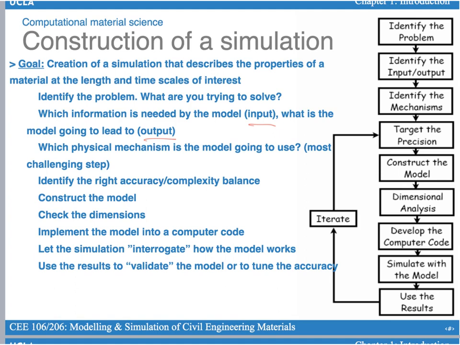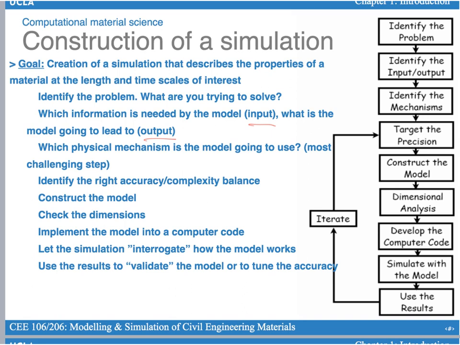Once you have targeted and identified the physical mechanisms that you are going to model, then you will need to implement a numerical solution to this model. For this, you will need to select the precision that you want. So you will need to find the right balance between the accuracy of the response that you want and the complexity.